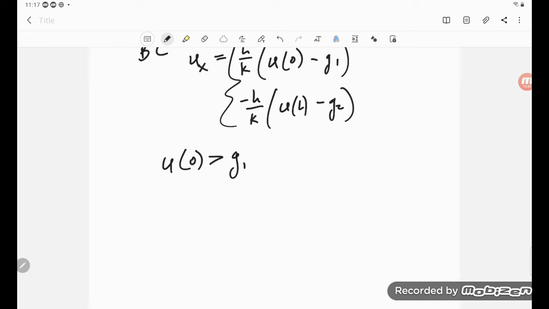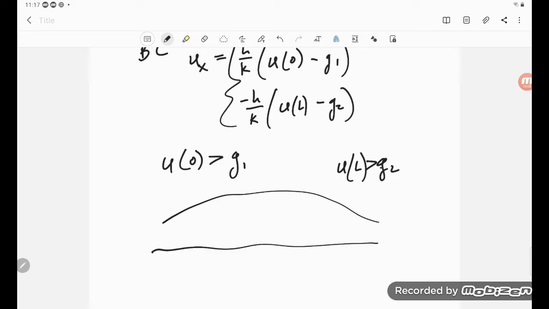If u of L is greater than G2. So the picture of that, they draw something like this. So we'll say, here's 0, here's L. They just use a point x0. But we'll say, this is hot, this is cold, and cold.